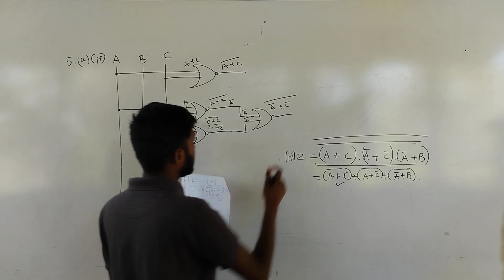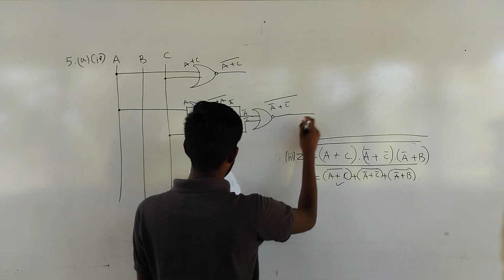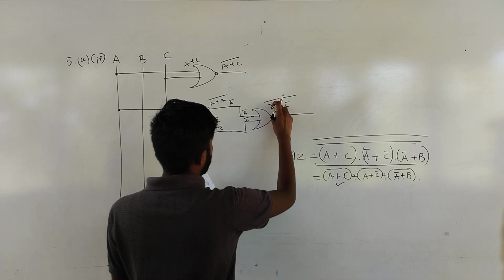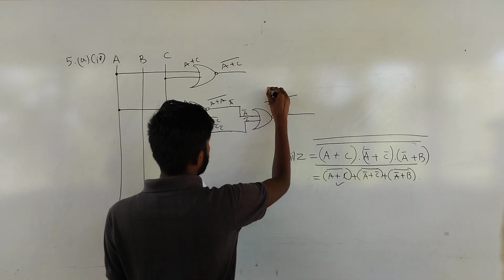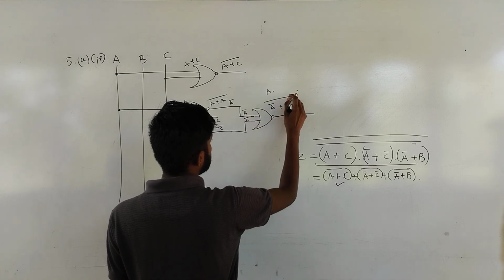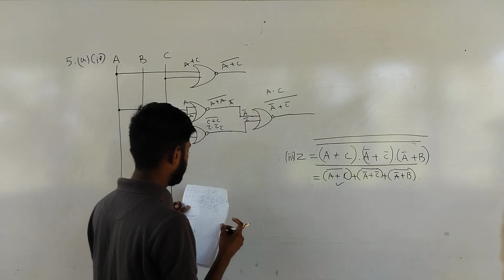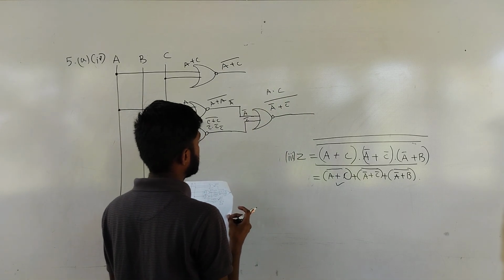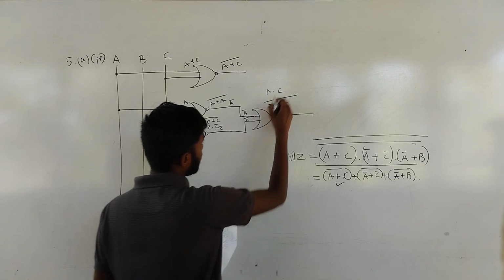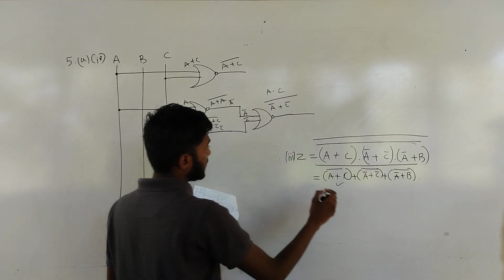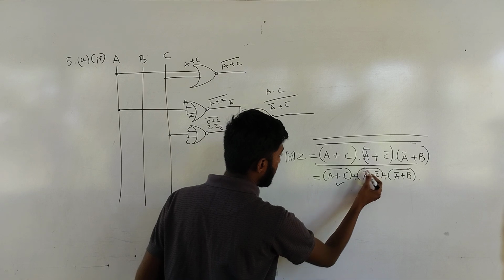Then what is happening? Here A double bar means A, plus will become dot, C double bar means C. So A dot C. Here we will be getting A dot C. Now look here, before going to the A dot C, here we got A bar plus C bar whole thing bar.